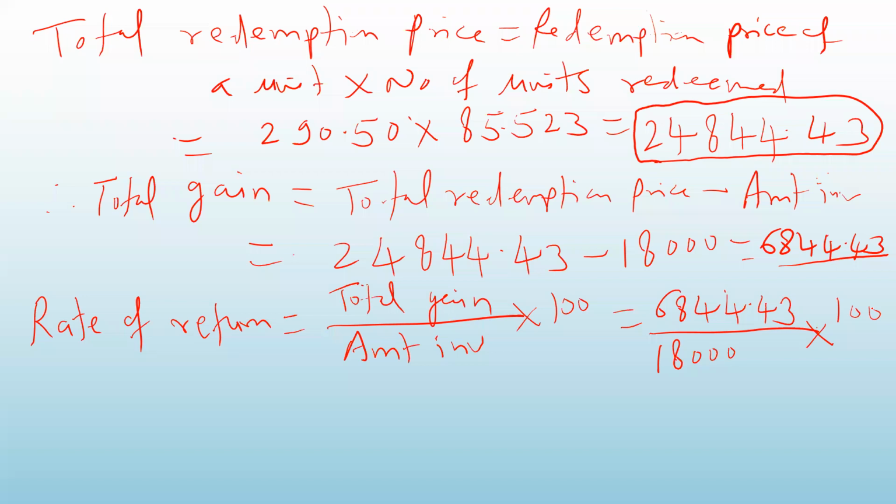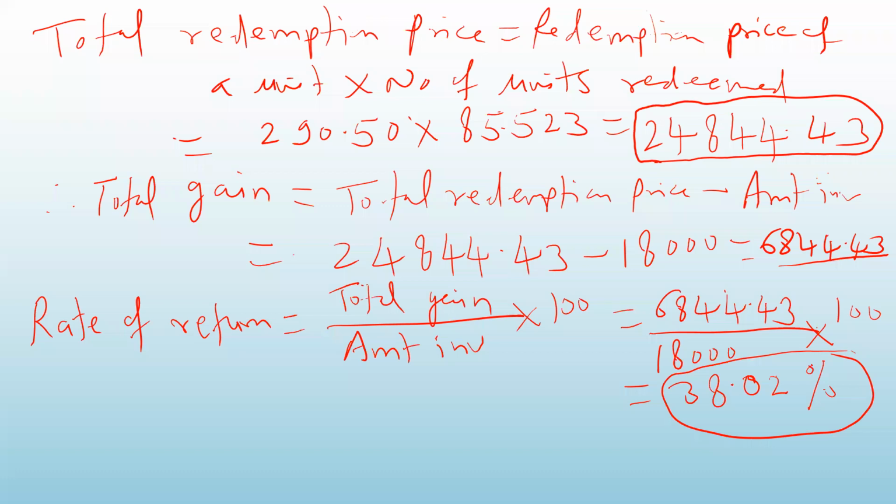We are getting 38.02. Remember that rate of return is always written as a percentage. So 38.02% is the rate of return for Ms. Shah in this transaction.